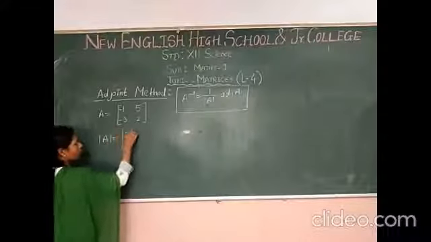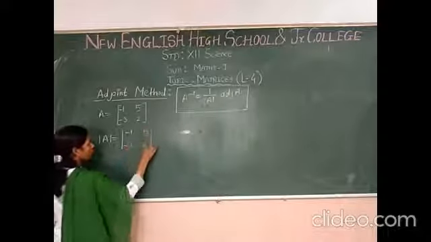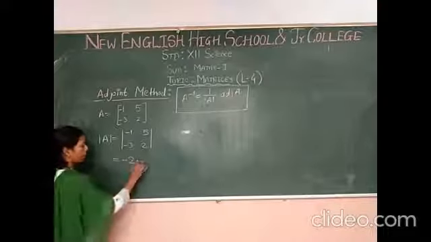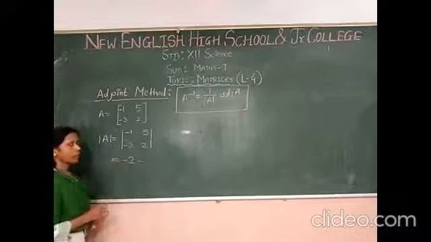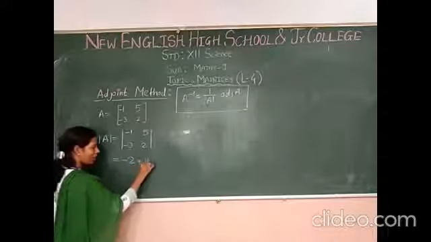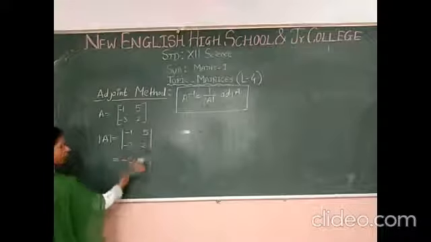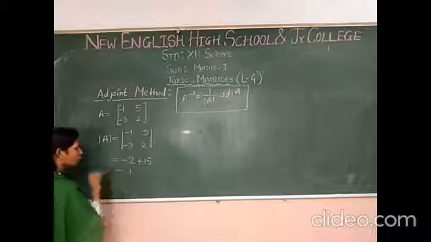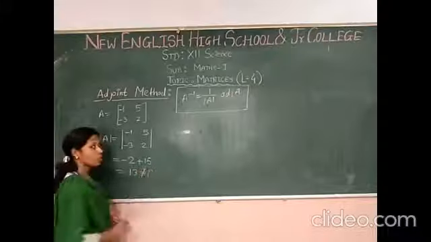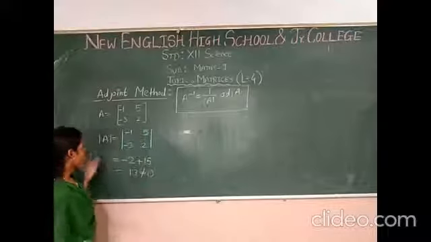Determinant of A equals to determinant of [-1 3; 5 2]. That is equal to -1 into 2, -2, minus 3 into 5, -15. That is, I can write +15 directly. You all are comfortable? -2 plus 15. Answer is 13, which is not equal to 0. That means I can say the inverse of this matrix A exists.